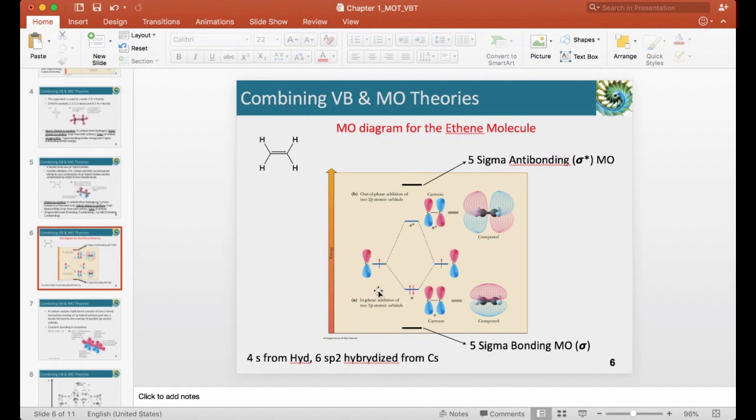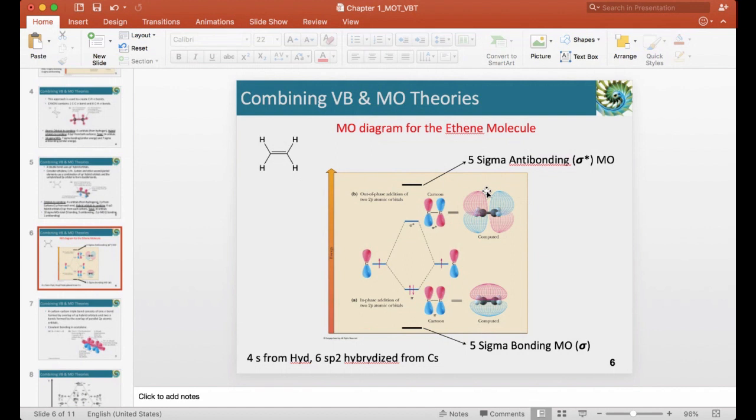Next to the sigma, we will have the pi bonds. So there is one pi bond between the carbons, each one with one p orbital. If we combine two p orbitals, we get two molecular orbitals: one pi bonding, the in-phase addition of p orbitals, looking like this, and one pi anti-bonding, the out-of-phase addition of the p orbitals, looking like this.